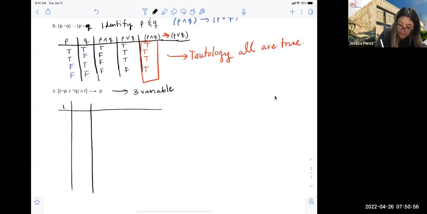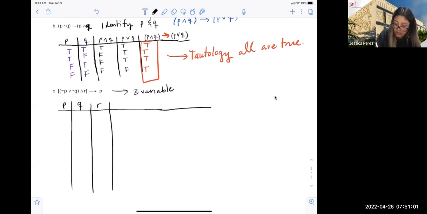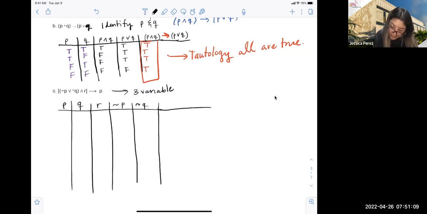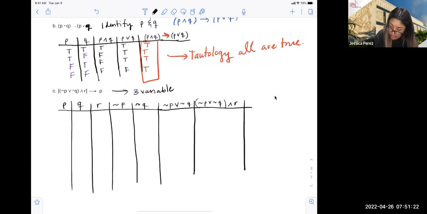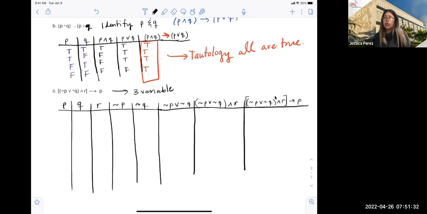You have P, you have Q, you have R, you have not P, not Q, you have not P or not Q, then you have not P or not Q, and R, and then the last piece is not P or not Q, and R implies P. Okay?